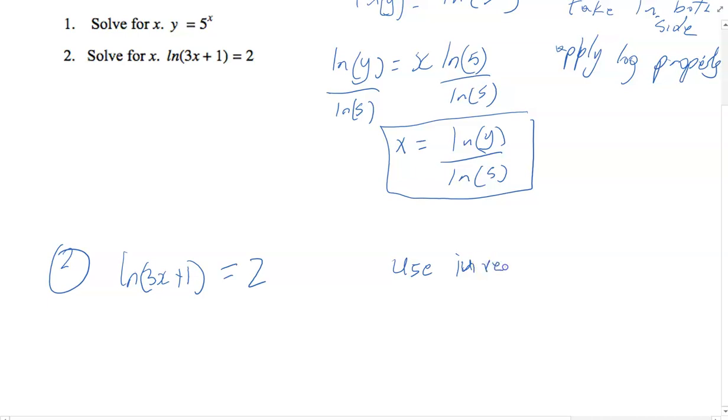In this case, the inverse of ln is e, so we take e of both sides, or exponentiate both sides. If we exponentiate both sides, we will have e to the ln of 3x plus 1 equals e to the second.